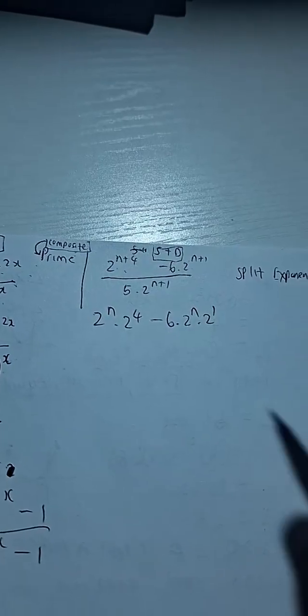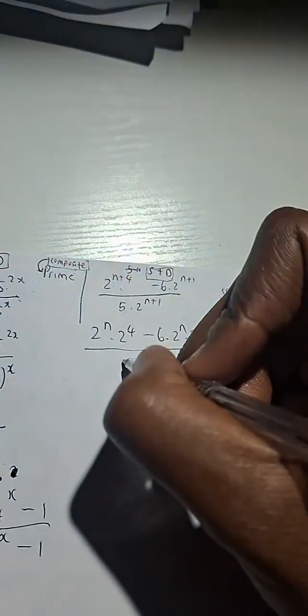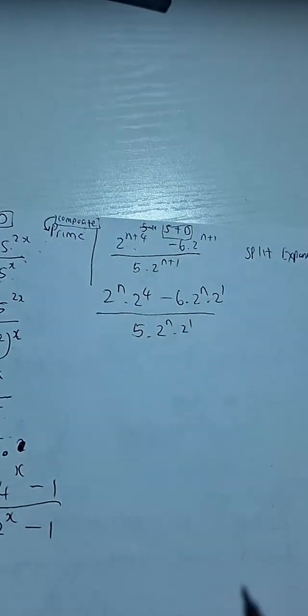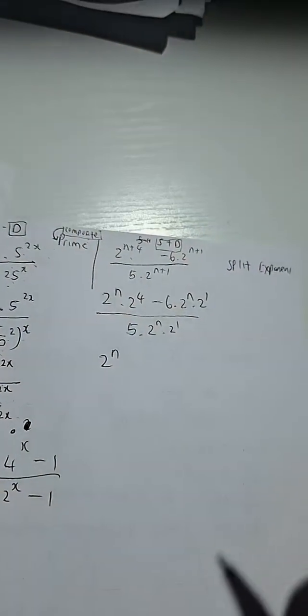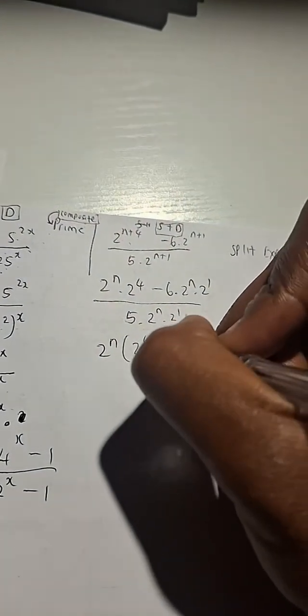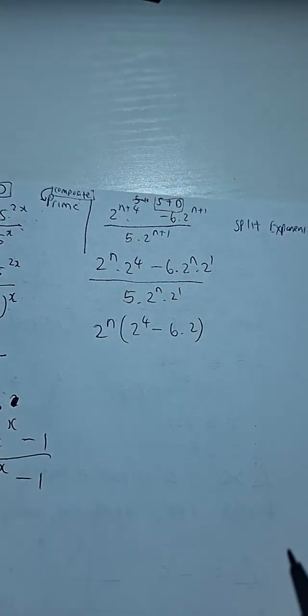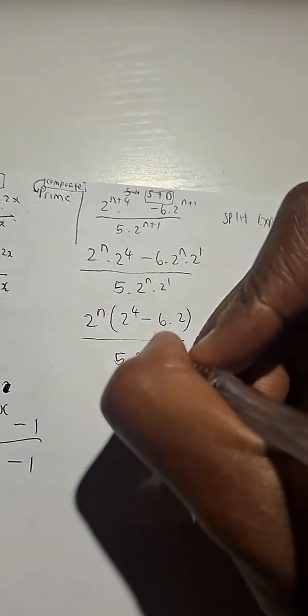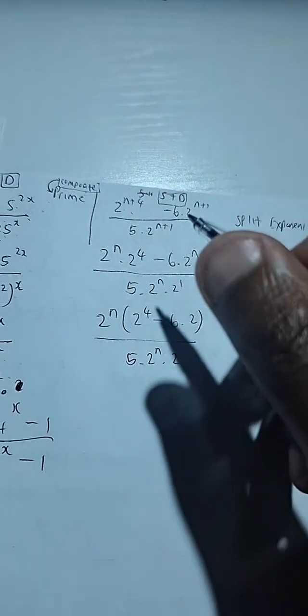We are splitting the bases, guys, over 5 times 2 to the power n times 2 to the power 1. Then in the numerator, we can see there's a common factor of 2 to the power n. We take out that base, minus 6 times 2 over what? Over 5 times 2 to the power n times 2.